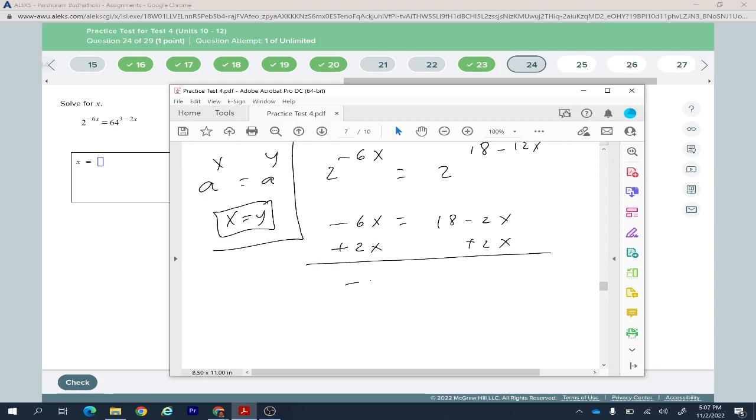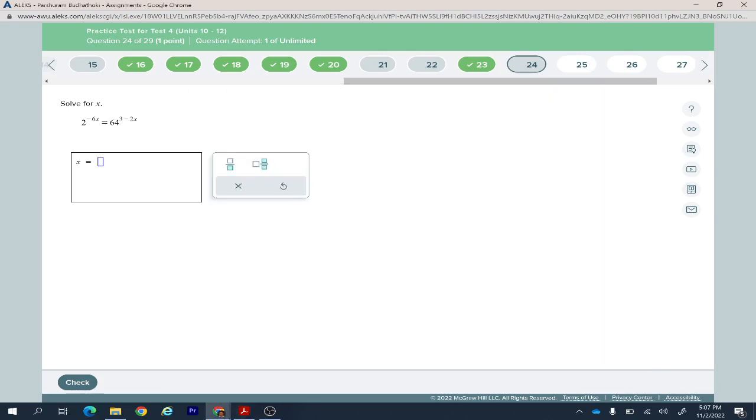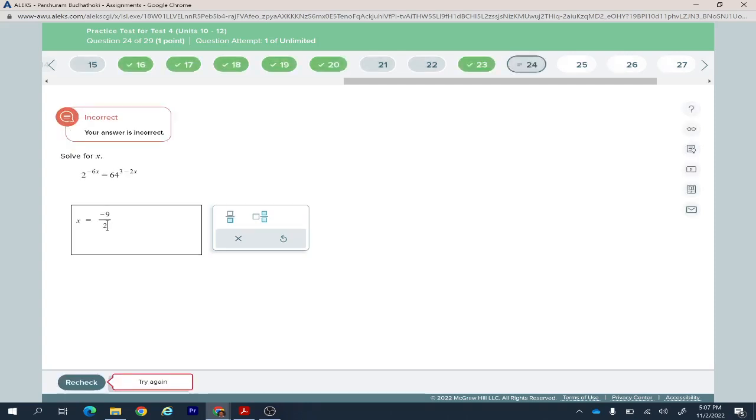That gives me -4x equals 18. Just divide both sides by -4. That gives me -9/2 for x. So x is negative 9 over 2. That's the x value.